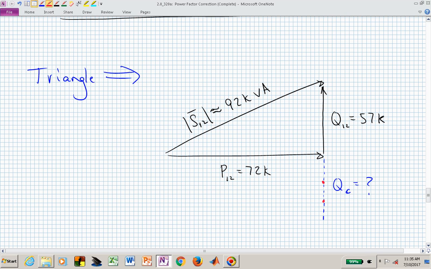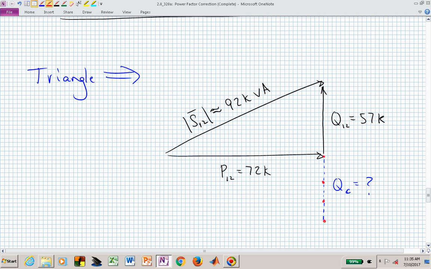If we put it down to be exactly the negative of Q12, then we will be right at that point where our apparent power will be equal to our real power, and we'll have a power factor of 1.